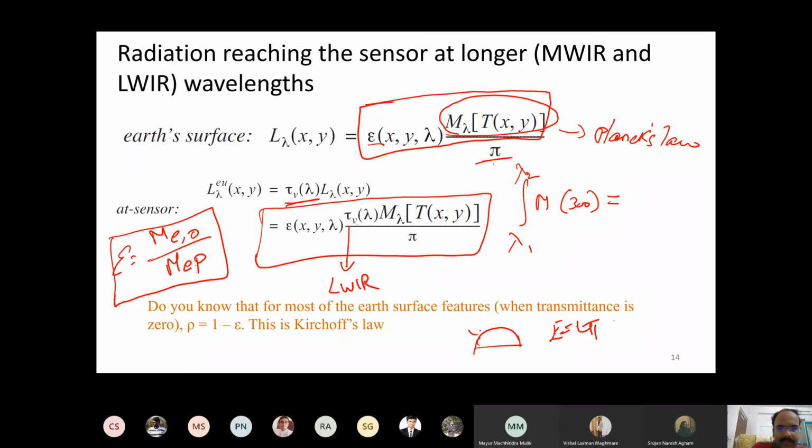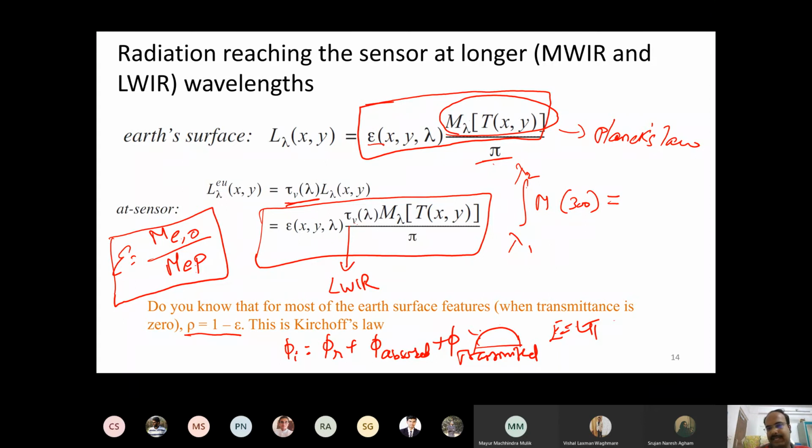Okay, fine. Just for your information, for most Earth surface features, when transmittance is 0, reflectance is equal to 1 minus emittance. This is known as Kirchhoff's law. In the last lecture we saw that the total incoming energy can be reflected, absorbed, or transmitted. Say you are taking a land surface.